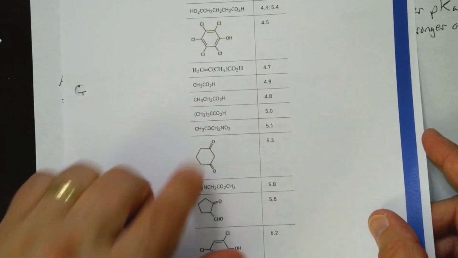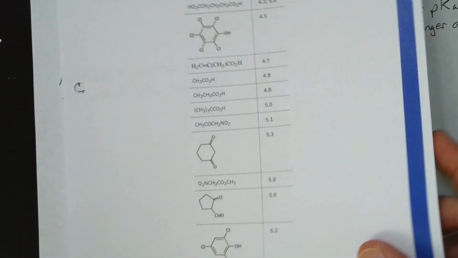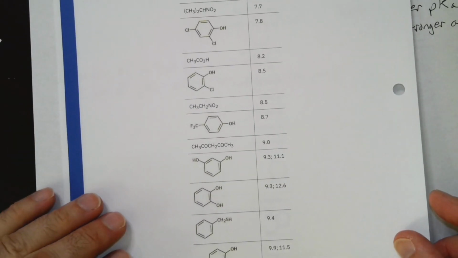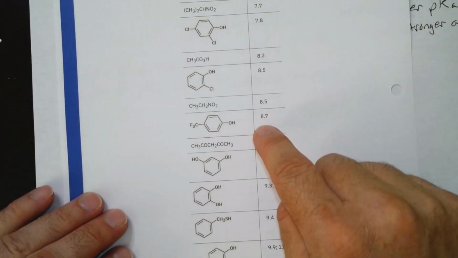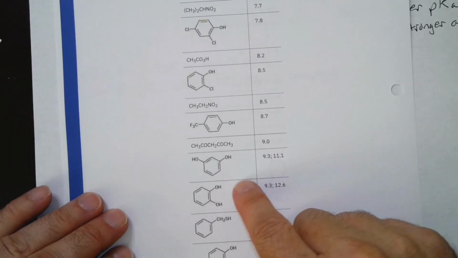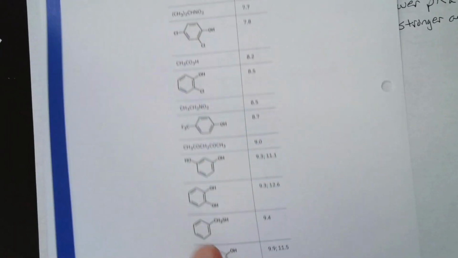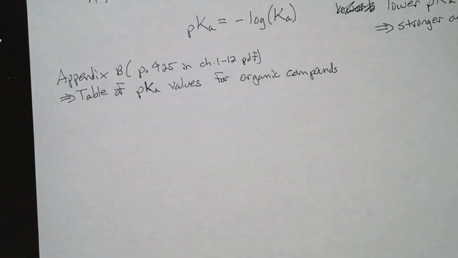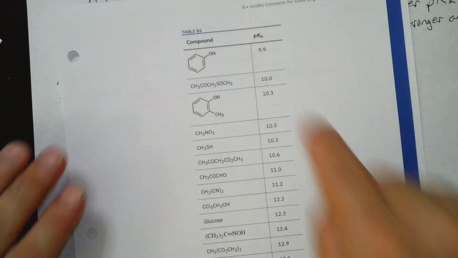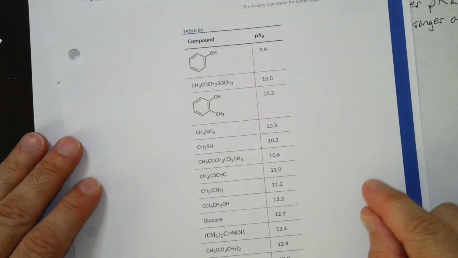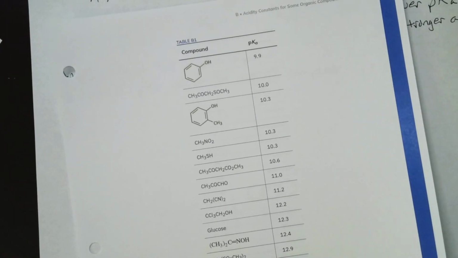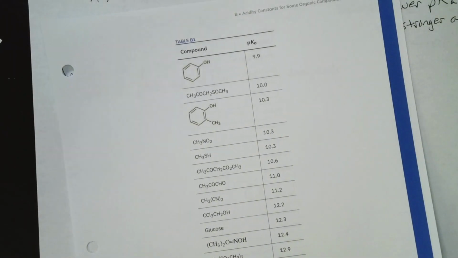So we've got things like acetic acid, 4.8, and let's see, we've got some hydroxyphenols here, 9-ish. What else do we have? Phenol, 9.9.